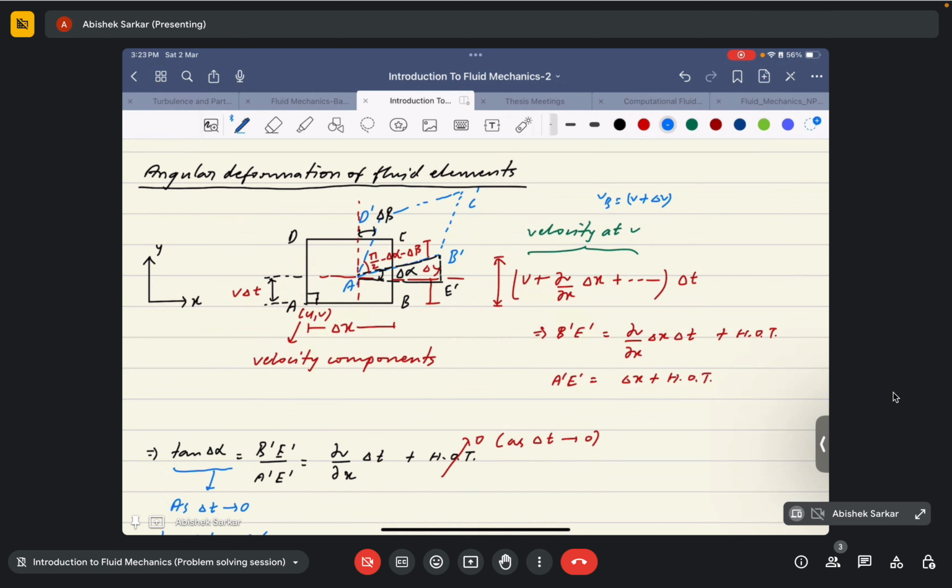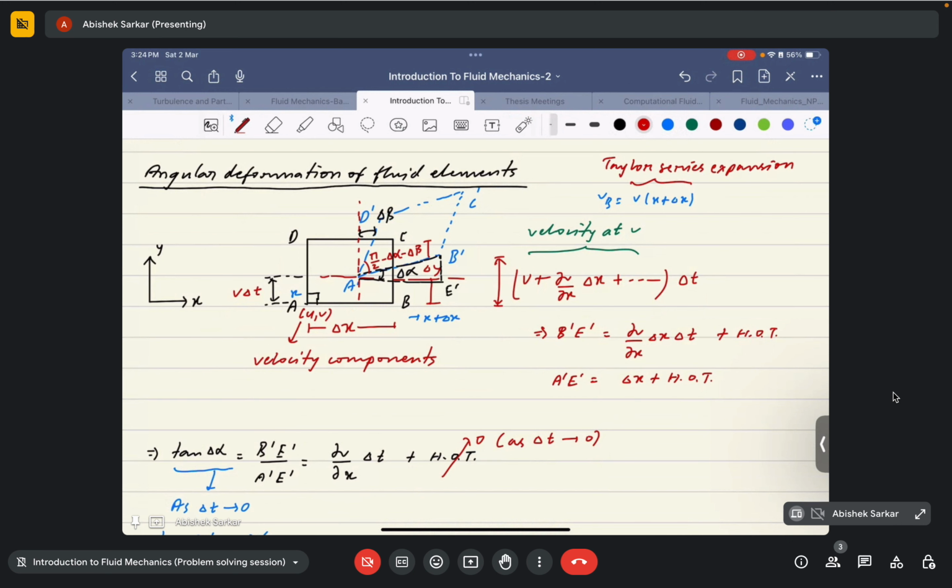Or more precisely, you can say v at a distance of x plus delta x. Because if this is x, then point B would be at a distance of x plus delta x, right? So we can just say that the velocity at point B is the velocity at point x plus delta x, and then the velocity at point B could be evaluated using the Taylor series expansion, right?